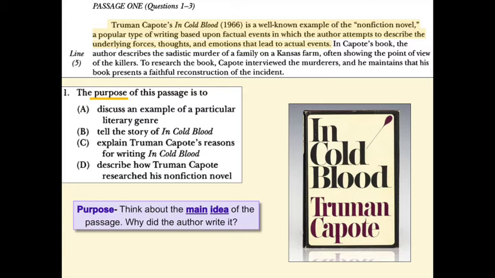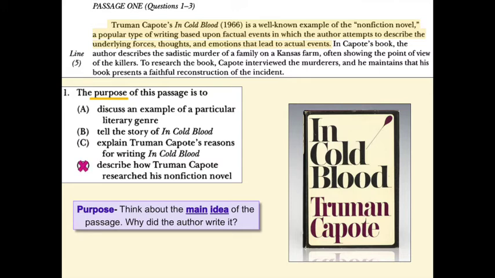Now, let's look at the answers. B, C, and D are not in the first sentence. It does not tell the story of In Cold Blood at the beginning. It does not explain why he wrote the book.